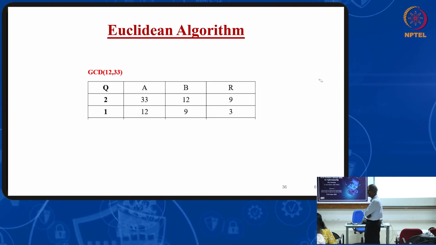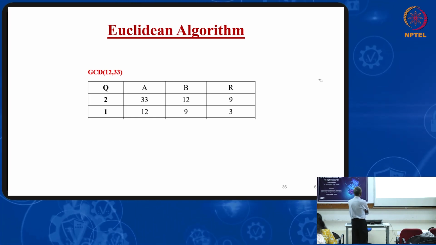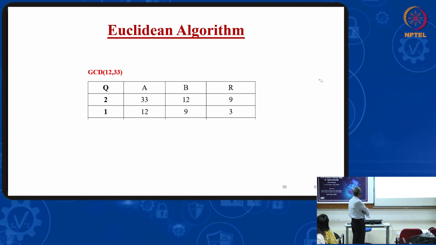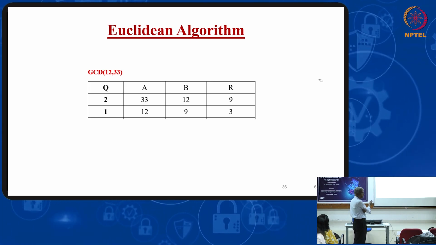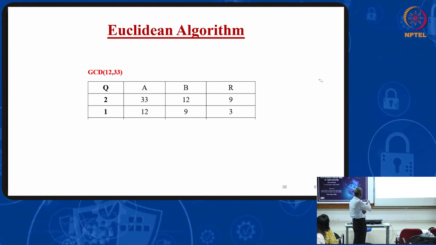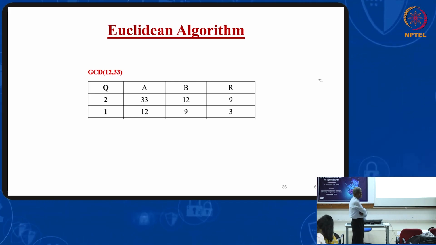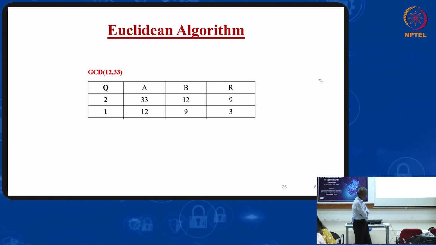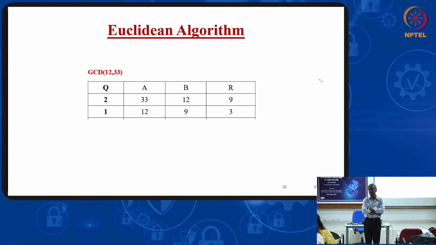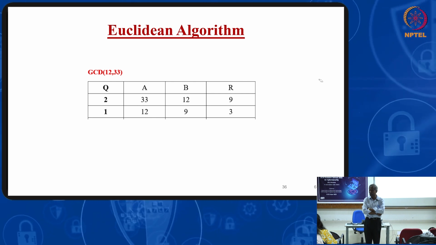Next step, the remainder will become B and the divisor will become dividend. So B is becoming A, R is becoming 9. You divide once again. So 12 divided by 9, quotient is 1.